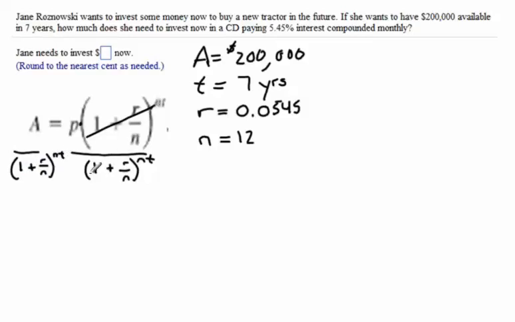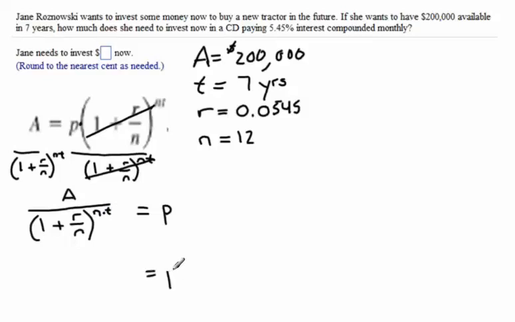So on the right hand side they would divide out and we would get P, which is our present value, our original principal, is equal to A over 1 plus R divided by N, that whole quantity to the N times T.